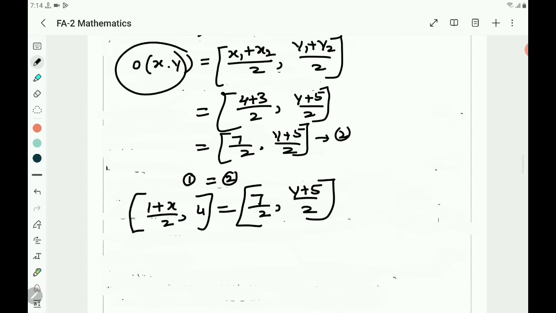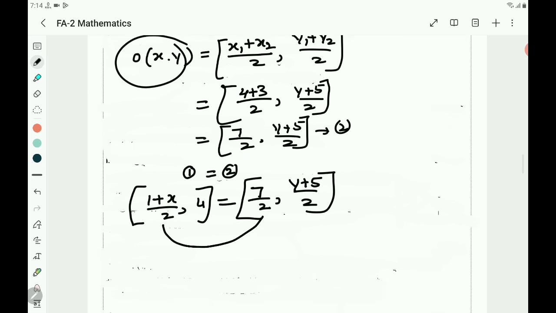These two are the values of the first coordinate x, and these two are the values of the second coordinate y. So first one is equal to first one, second one is equal to second one.